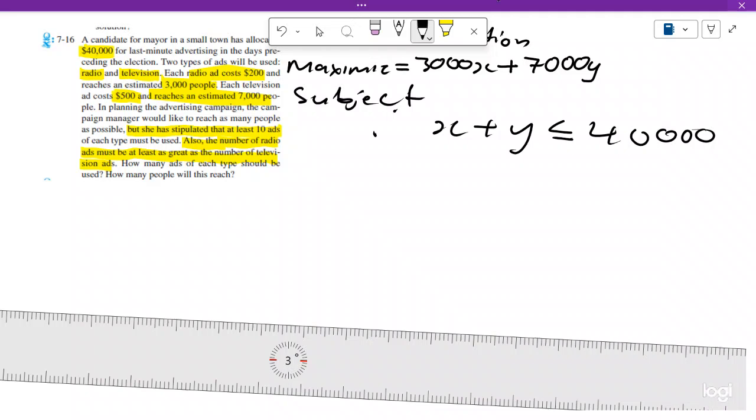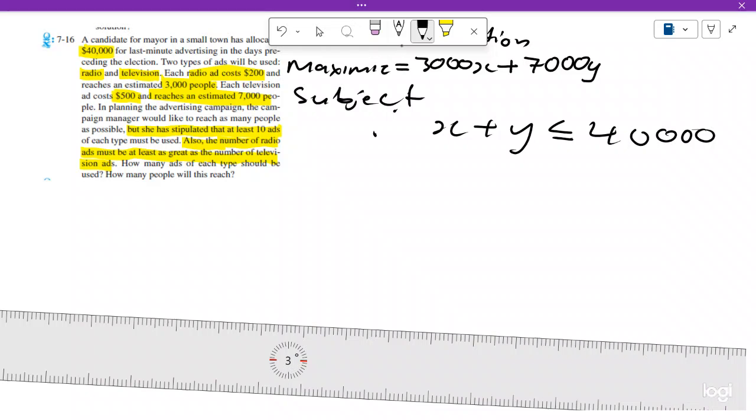That's your budget. It must never be greater than 40,000. So I'll come and rectify it. I suspect I might be wrong there.